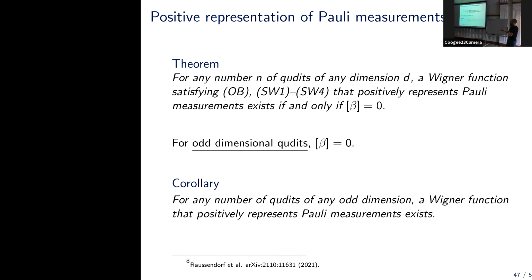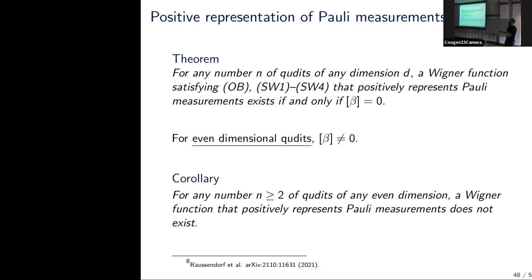This is the standard odd dimensional Wigner function. For even dimensions, it's non-trivial, and so such a thing does not exist. So this shows that the problem with constructing the even dimensional Wigner function is that this cohomology class is non-trivial, which is equivalent to there existing these state-independent proofs of contextuality.